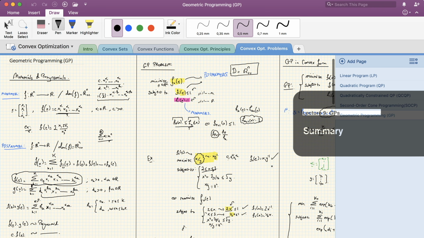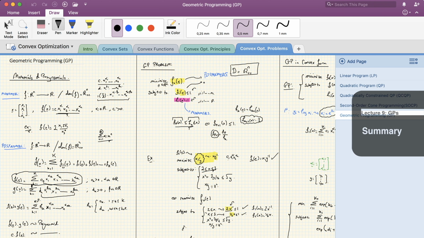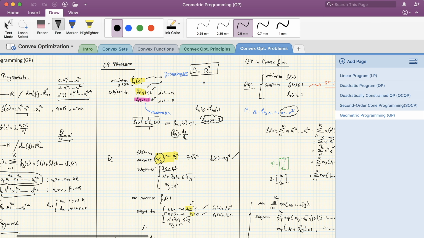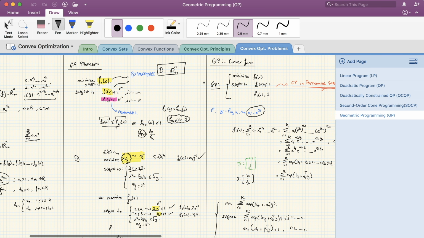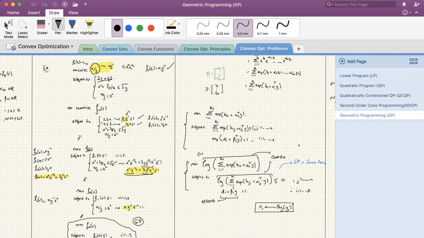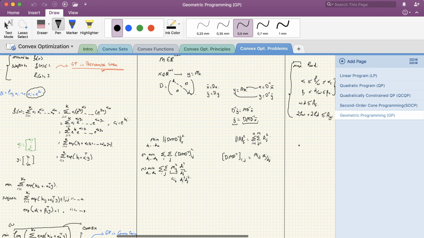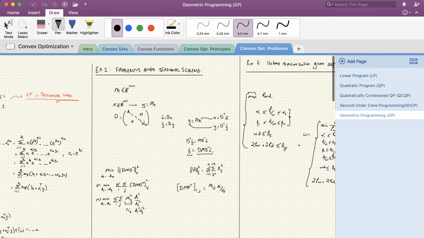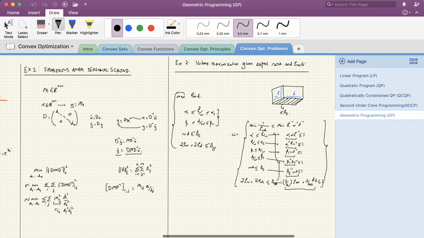So this is it for this lecture. We've done quite a lot. We've defined what monomials and polynomials are, seen how a GP problem in polynomial form looks, and its corresponding convex form, which is useful when you want to express the problem as a convex optimization problem. And we've seen 2 examples which show the usefulness of a GP.